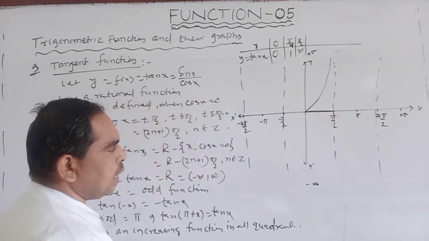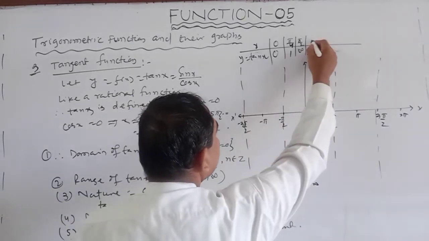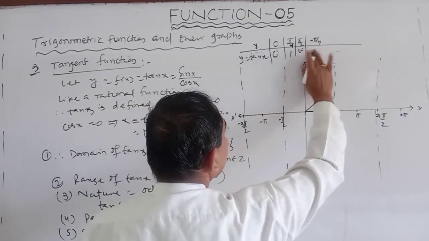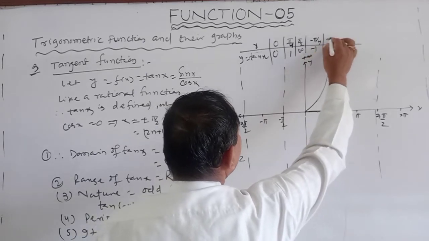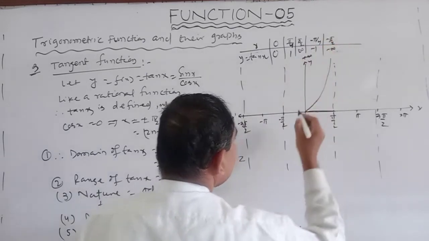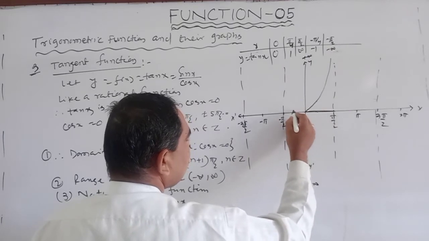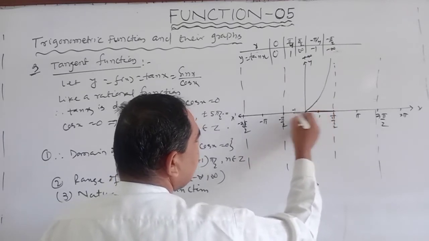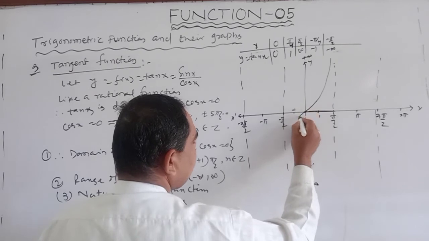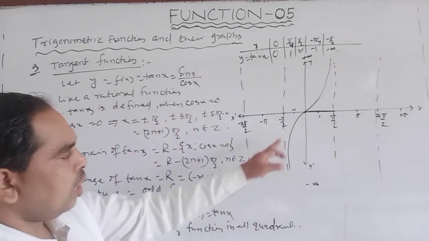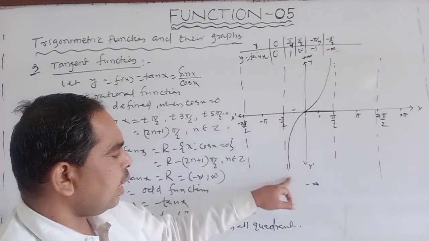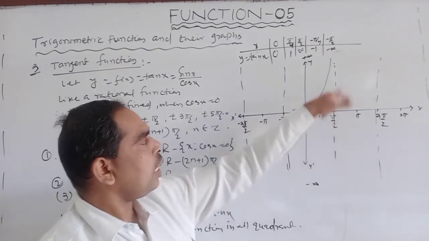Next, minus pi by 4 means this is minus 1. Minus pi by 2 gives minus infinity. This type of curve: when x is equal to minus pi by 2, y is minus infinity, and when x is plus pi by 2, y is plus infinity.